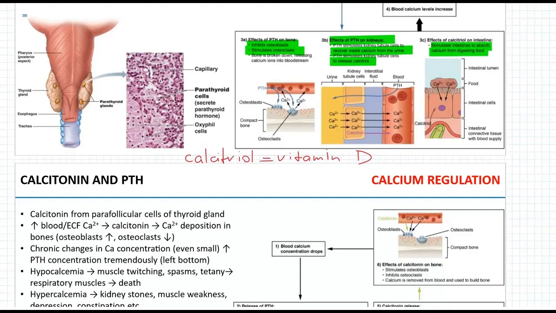So your intestines can absorb more calcium from food. Now, calcitriol is produced, well, it's not a vitamin. Calcitriol is produced by kidneys from vitamin D. But if you don't have vitamin D in your diet, your calcitriol levels will be low.